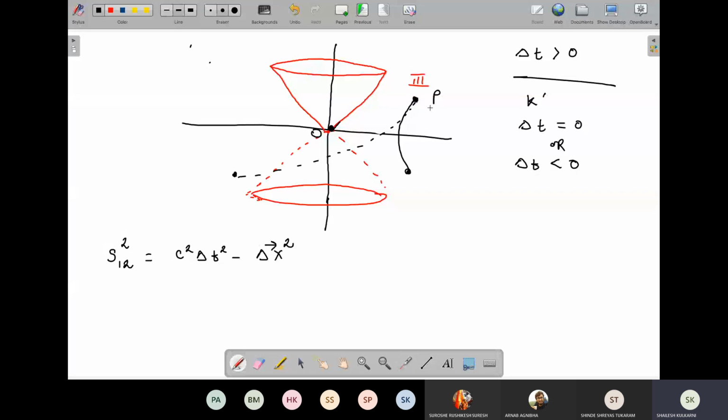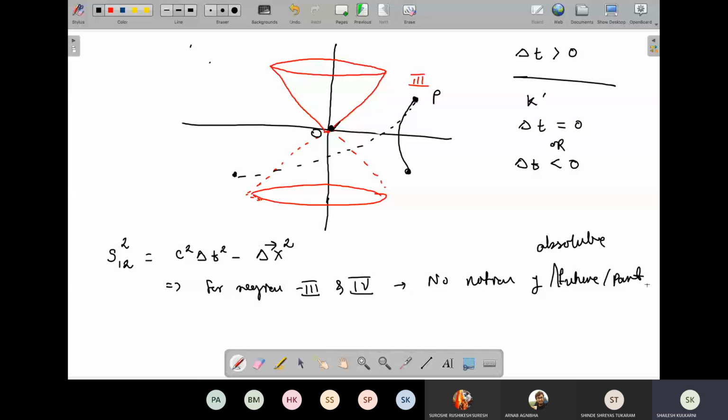So this implies that for regions 3 and 4, there is no notion of absolute future or absolute past.